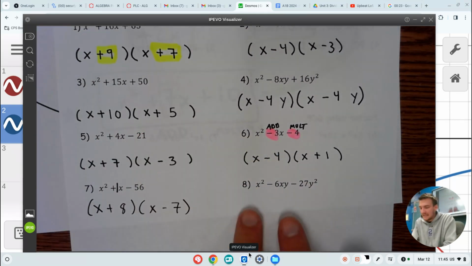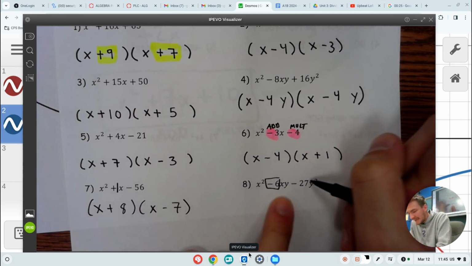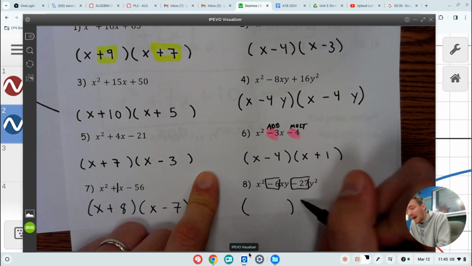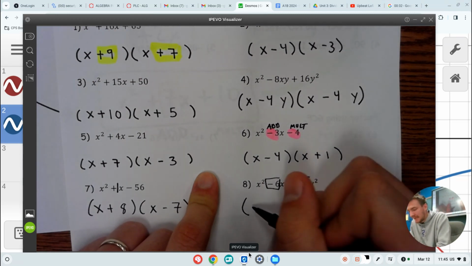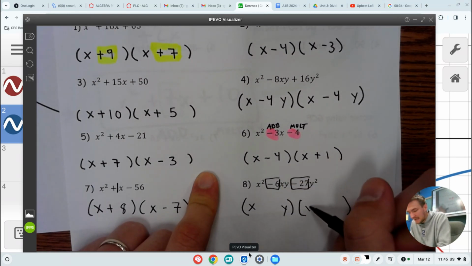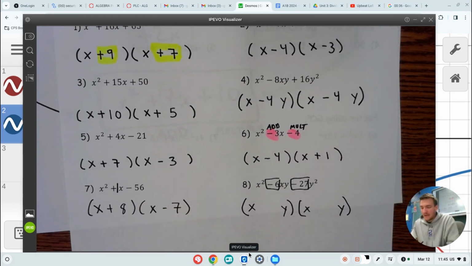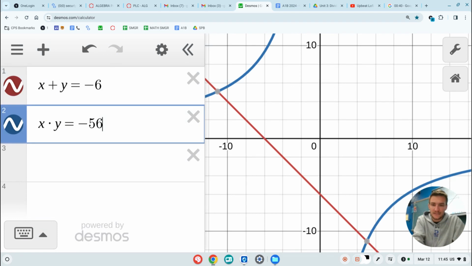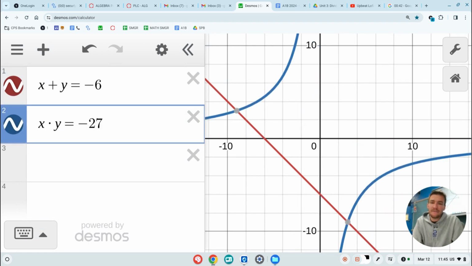Up next is this one. It's a -6, -27. This question has the y's, and that literally takes me 2 seconds. X, y, x, y. I'm going to use -6 and -27.